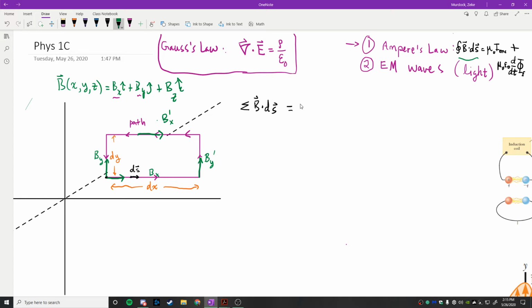On the bottom, we're going to start at this location, and we're going to do Bx·ds. And ds is dx. So on the bottom of the loop, I'm going to get Bx multiplied by the length of this side, which is dx.